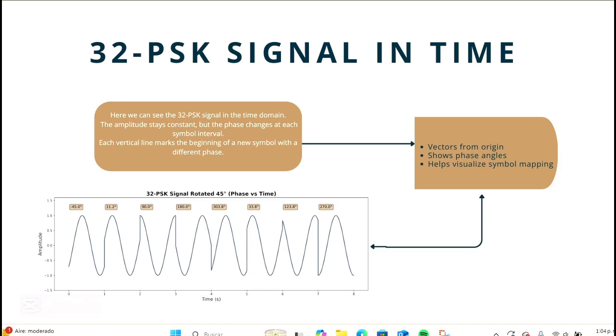Notice how the waveform shifts at each symbol boundary. That shift represents a different phase and therefore different data. Now, Juan will show you the phasor diagram and discuss the advantages and conclusion.